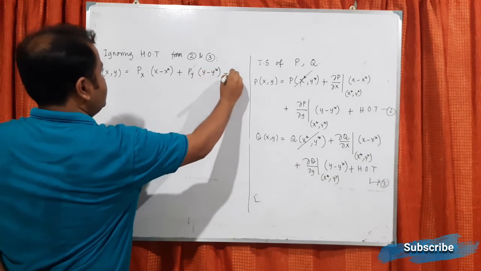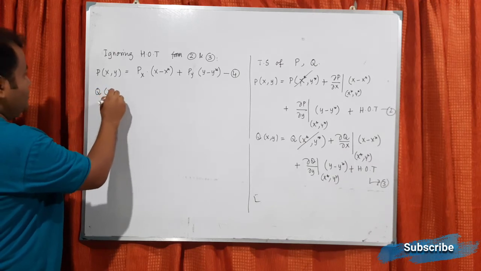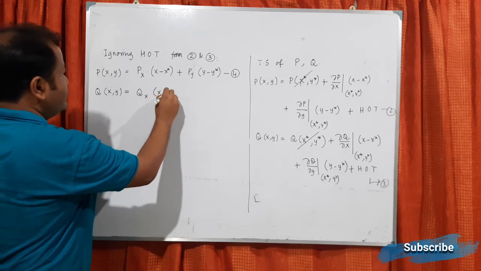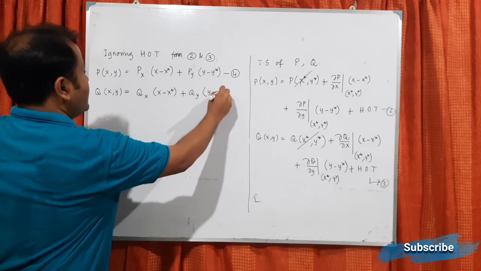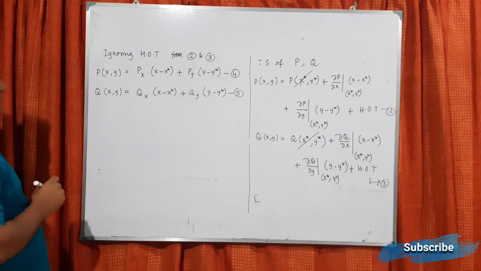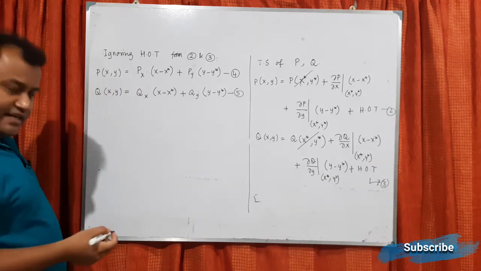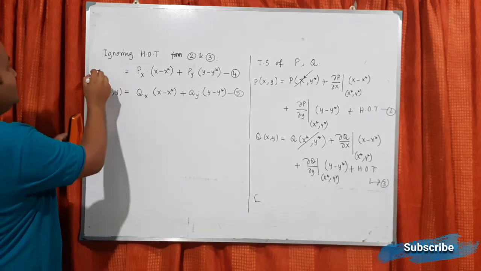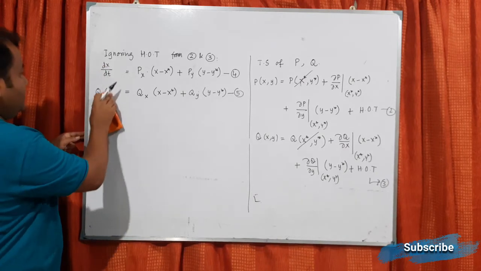So this is number 4, and we got q(x,y) equals q_x into (x minus x*) plus q_y into (y minus y*), and we got 5. Now basically p(x,y) means it is dx/dt, and q(x,y) is dy/dt.